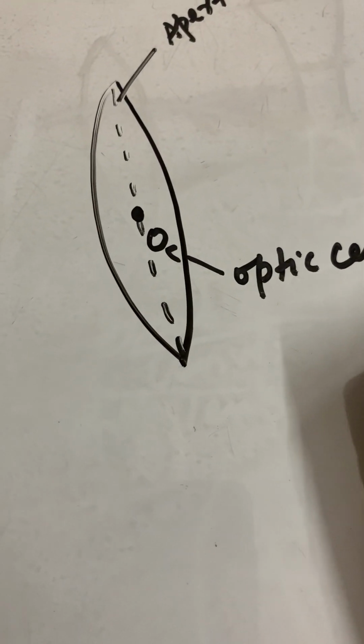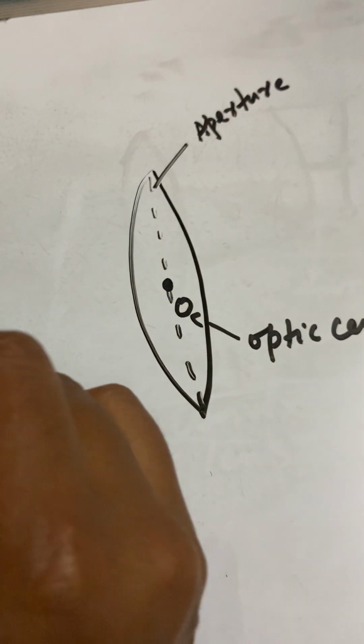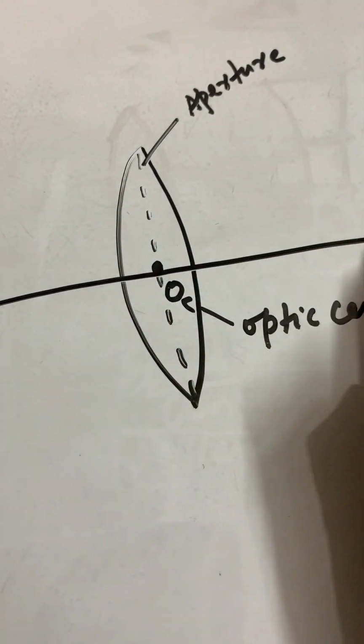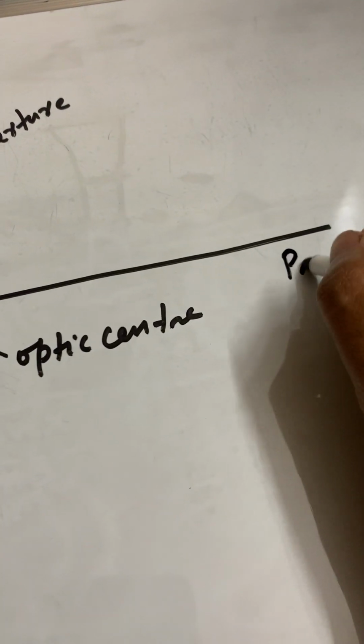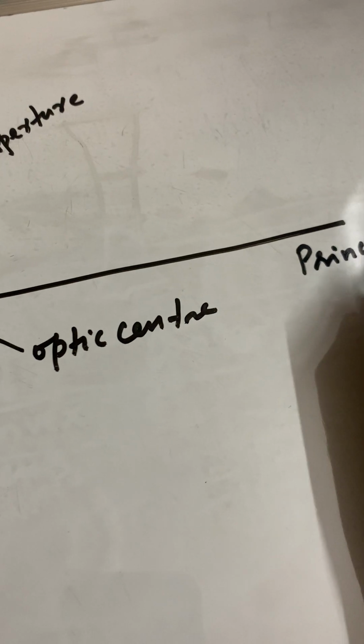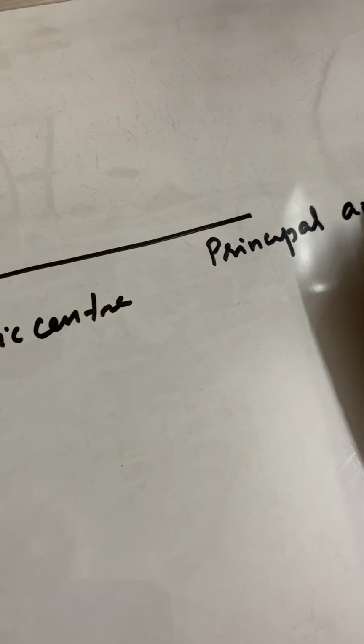Now an axis passing through the optic center, just like we did in a mirror, this is known as the principal axis.